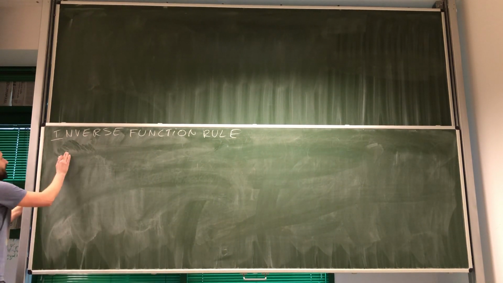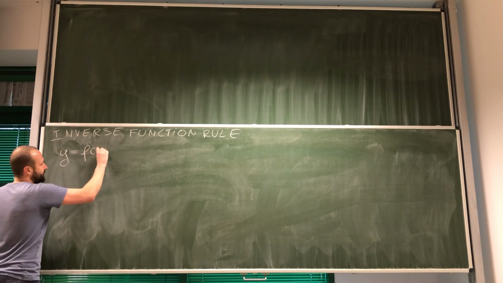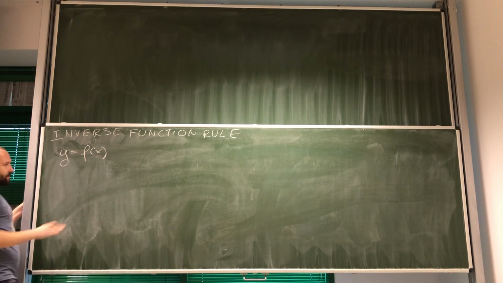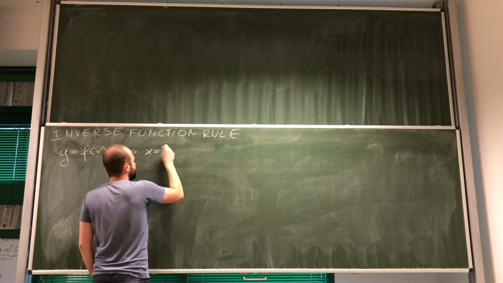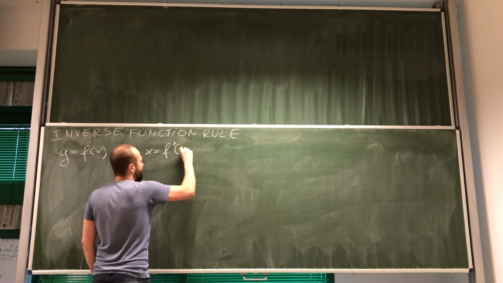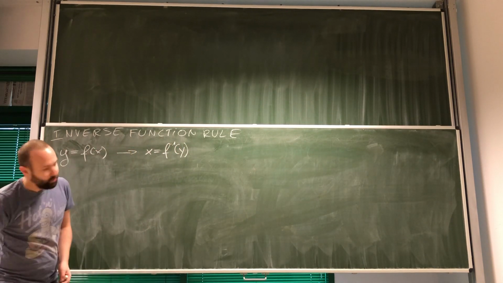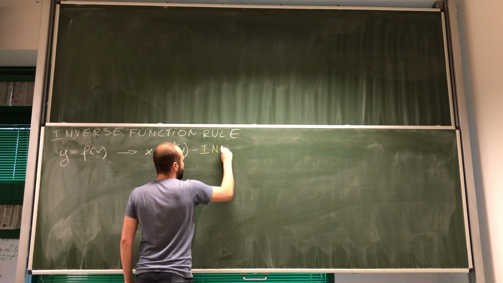Okay, so look, given the function y equals f of x, we get that x equals f to the power -1 of y, which is what we're going to call the inverse function.